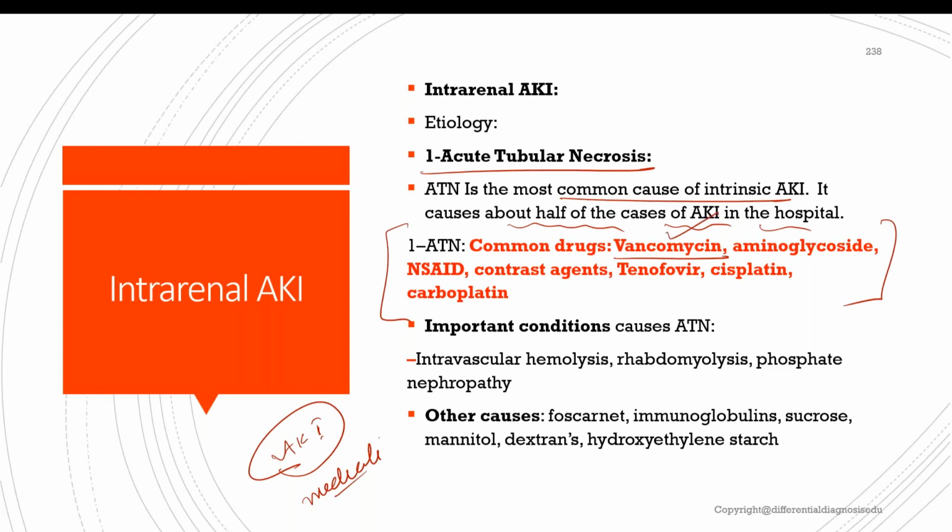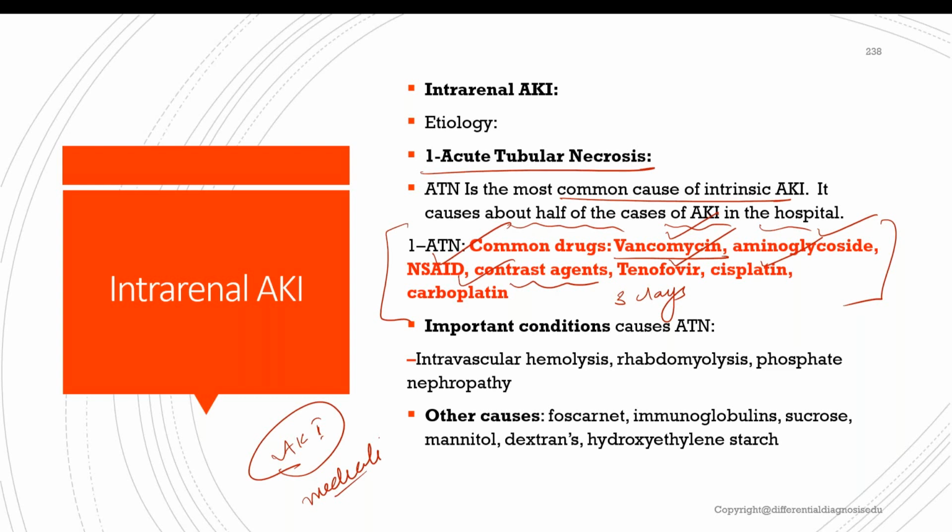I start with vancomycin, aminoglycoside, NSAID, tenofovir, cisplatin, carboplatin, and then I see if they received any contrast in the last 3 days.